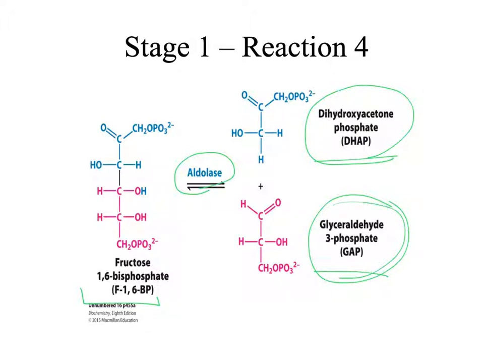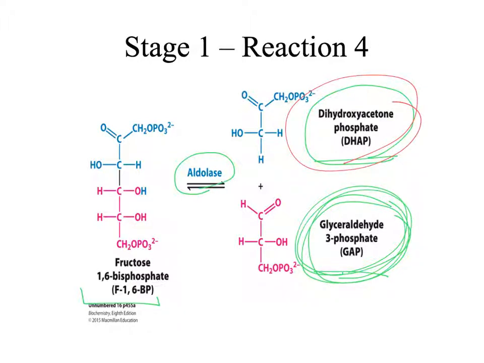Now, this glyceraldehyde 3-phosphate, we've come to the end of stage 1 here. This substance is able to directly move on to stage 2. But this dihydroxyacetone phosphate cannot directly move on to the next stage. First, we have to take this dihydroxyacetone phosphate and convert it to glyceraldehyde 3-phosphate. And we do that through a subsequent reaction.